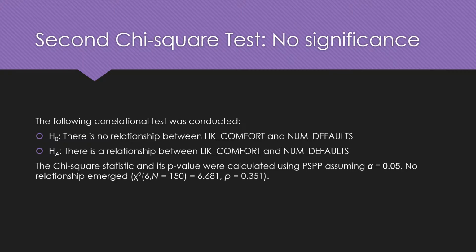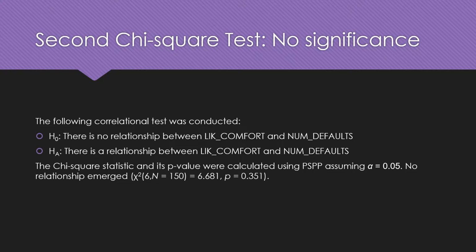The second chi-square test we carried out was also a test where we got no significance. That is, we failed to reject our null hypothesis, which states there's no relationship between comfort and number of defaults. And we have as alternative hypothesis in this case that there's a relationship between comfort and number of defaults.